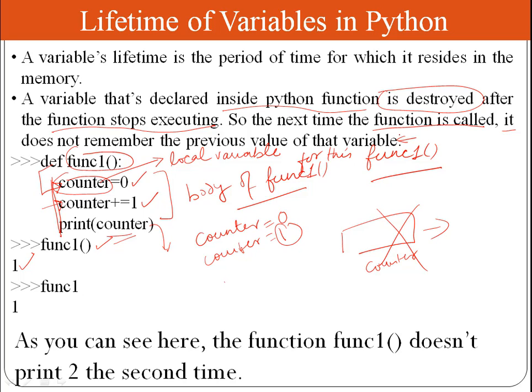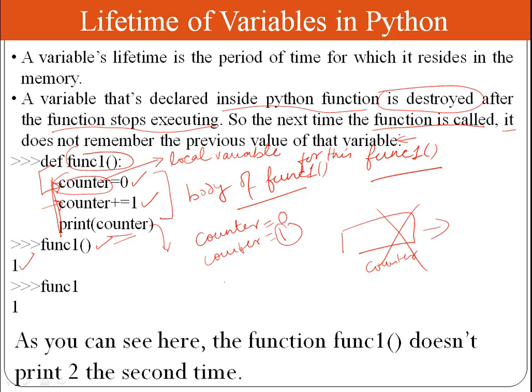The room is checked out, cleaned, and given to another person. Similarly, the counter is a guest in the hotel function. Till it was there, the room and memory allocation were there. As it checks out, the function has finished processing, so the memory has been deallocated.